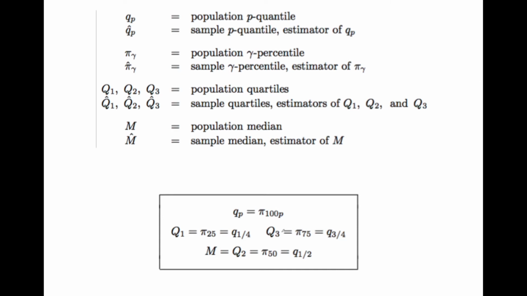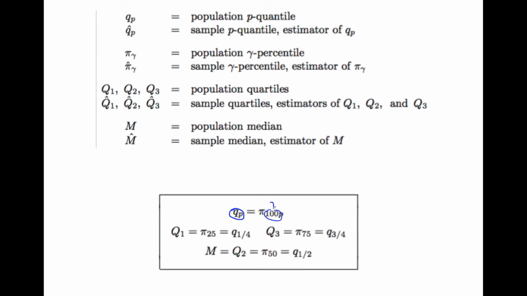And so there are equivalencies between them. If we go from the P quantile to the gamma percentile, well, we just multiply by 100 when we go from quantile to percentile. So the population P quantile, that's Q sub P, is the same as the population 100P percentile, and that would be our gamma value.